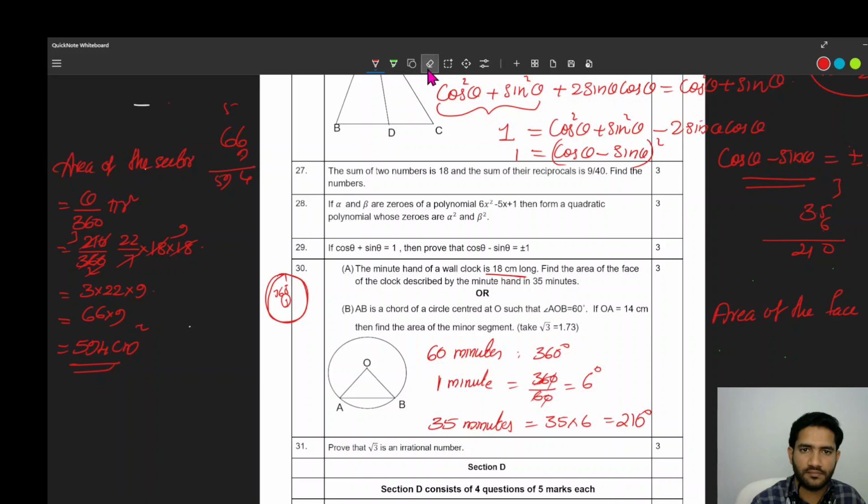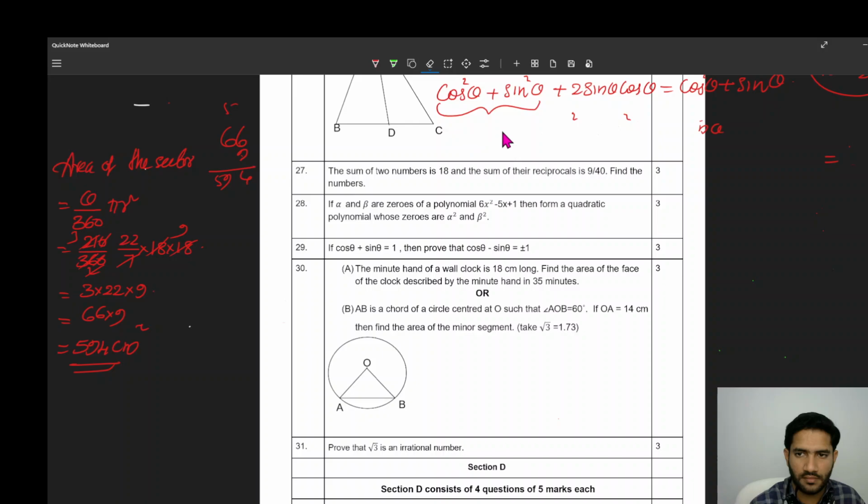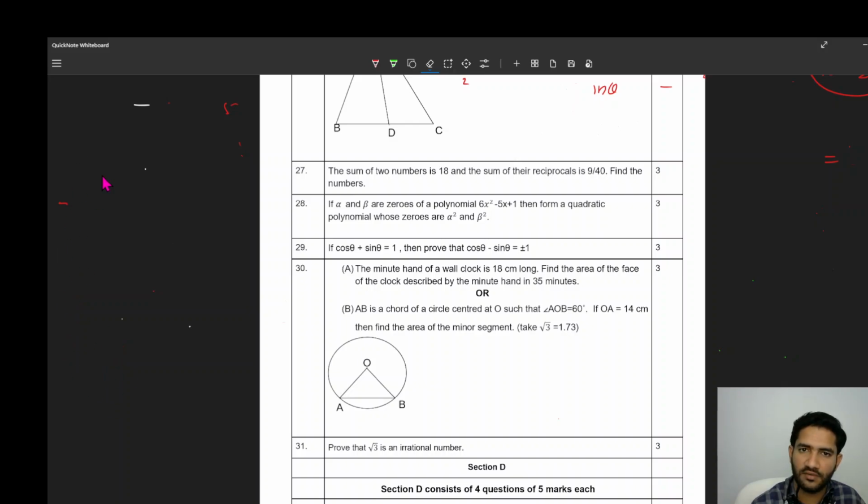Then a B question is there. What's the B question? Look at your figure. AB is a chord of a circle such that it is given that angle AOB is 60. OA is 14, means radius is 14.